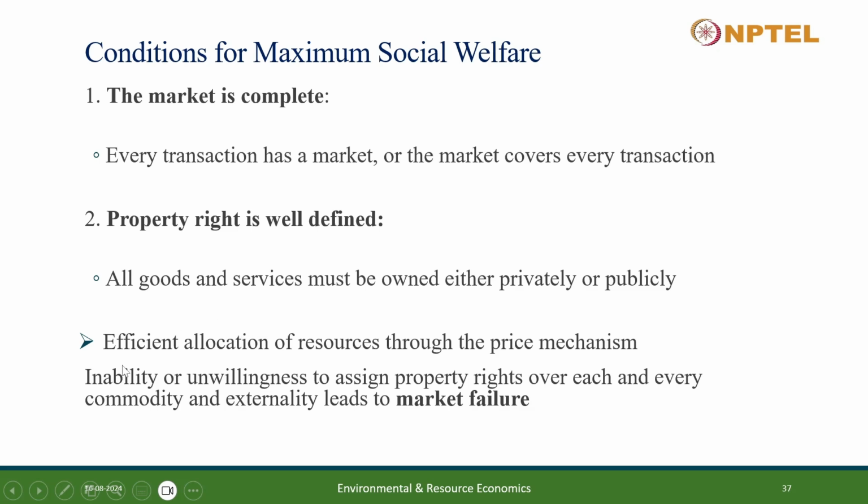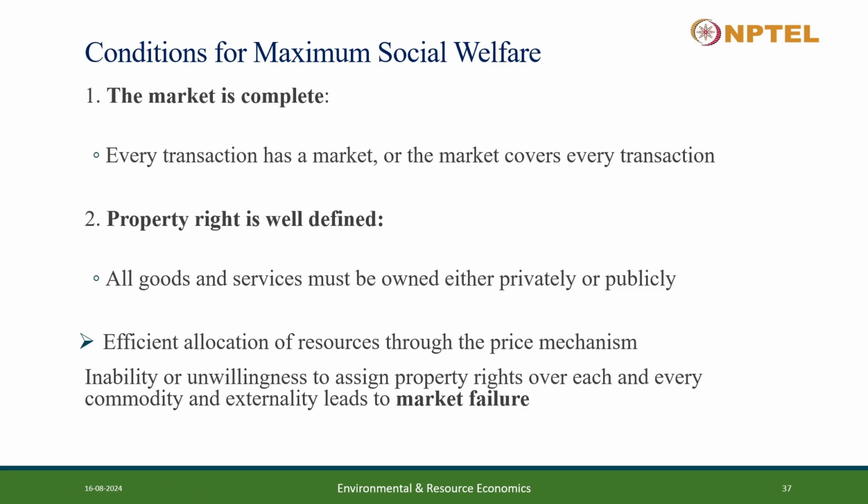However, if there is inability to allocate the property right properly, or there is inability or unwillingness of certain government or certain entities to assign the property right, or because of externality, the market failure will happen. So the property right is important. That is what we are trying to say.